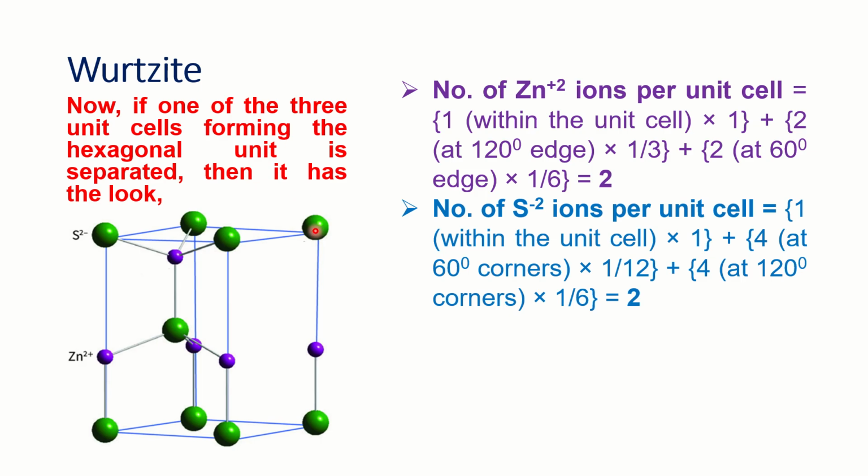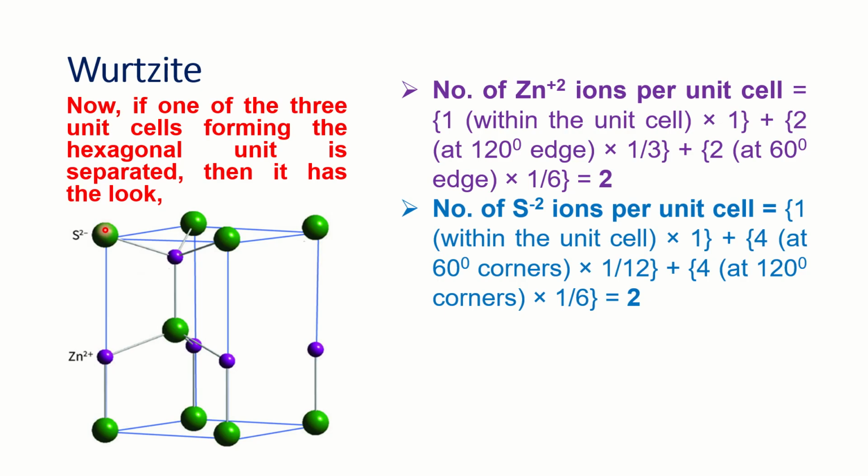And these 4, 1, 2, 3, and 4, they are in the 60-degree vertex. Then 120-degree vertex, these atoms are actually inside the unit cell by 1/6 amount, and 5/6 part is outside the unit cell. Whereas here 1/12 part is inside in the 60-degree vertex and 11/12 part is outside.